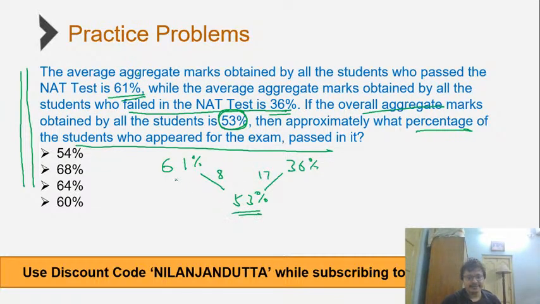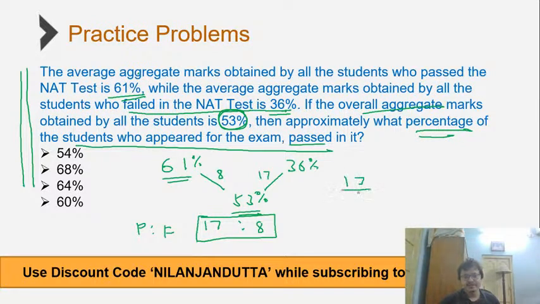Obviously 53% is close to 61%, which means the ratio of students who passed is going to be more than those who failed. That means the ratio would be in the reciprocal ratio, that is 17:8. What does 17:8 mean? The ratio of students who passed to failed is 17:8. The question is asking what percentage of students passed the exam.